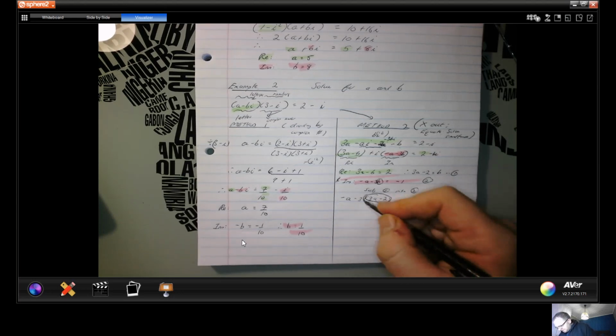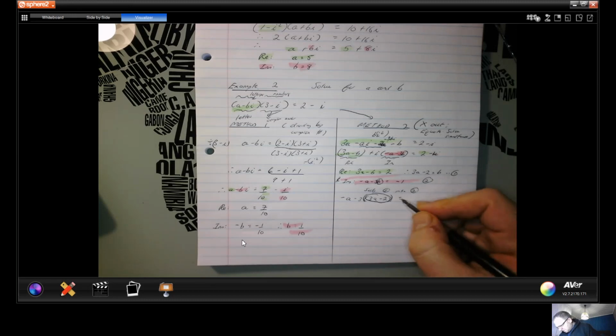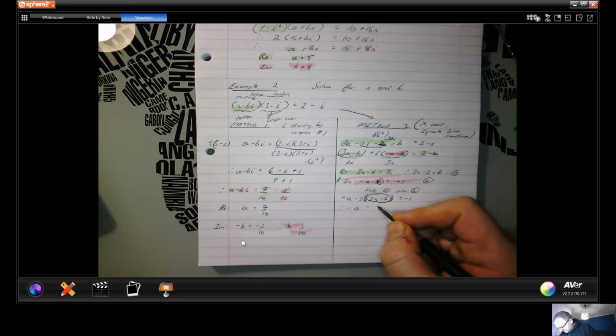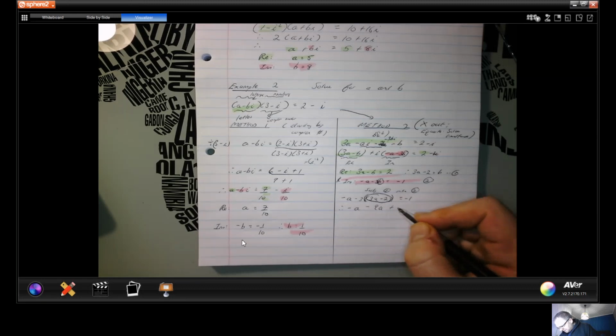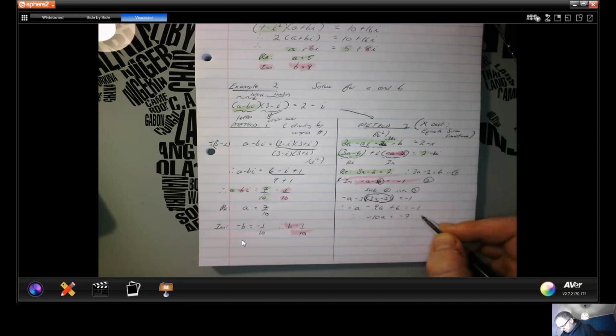Okay, so minus a minus 3 times 3a minus 2 is equal to negative 1. So therefore minus a minus 9a plus 6 is equal to negative 1. Okay, so minus a minus 9a is minus 10a is equal to minus 7.